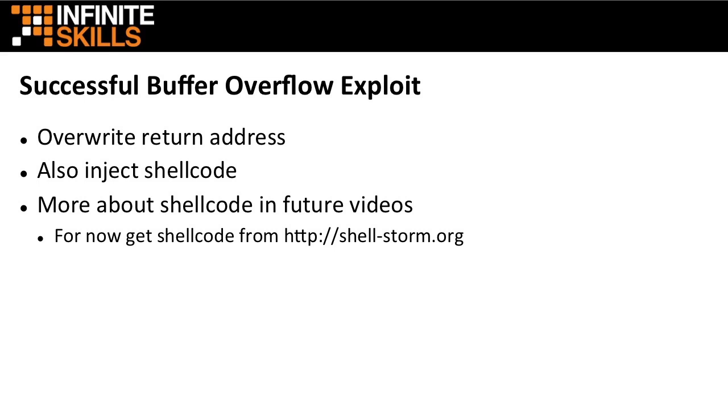So shellcode is machine code that is easily executed for some purpose. And what you want to do in many cases is to copy this shellcode into your overflowed area and then just run it. We're just going to download our shellcode. A great place to go is shellstorm.org. So that's what we're going to do.